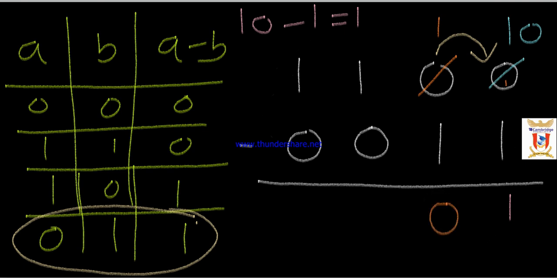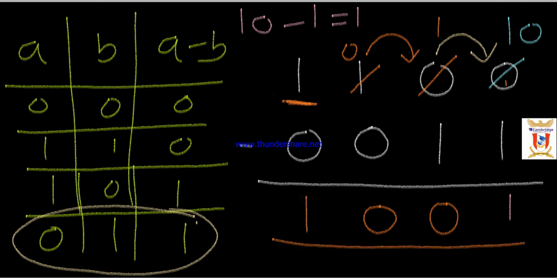Again, because we have borrowed from here, so the number becomes 0. So 0 minus 0 is 0. We are not borrowing anything from this number, so it remains same, that is 1. So 1 minus 0 will be 1. This is how the subtraction works.